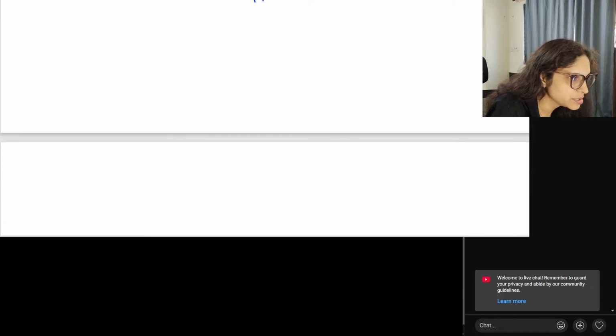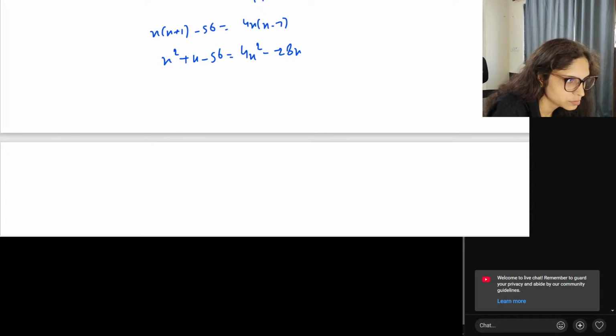So the equation can be written as x squared plus x minus 56 is equal to 4x squared minus 28x. Okay.